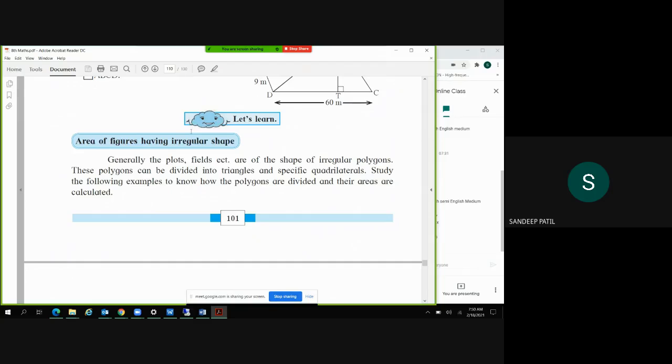So there are different polygons used. हम discuss कर रहे थे कैसे plot, fields वगैरह irregular shapes के होते हैं. So हम उन्हें different polygons में divide करके each polygon का area calculate करेंगे, and then we can add it, उनको ऐड कर देंगे.